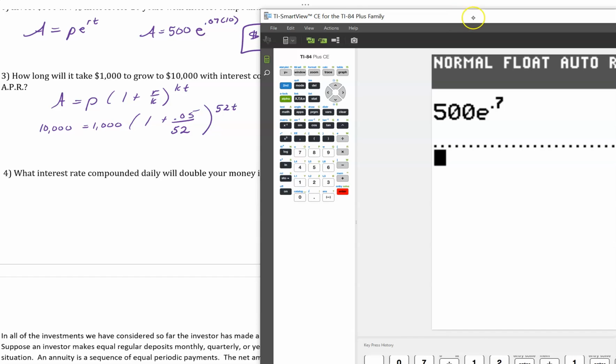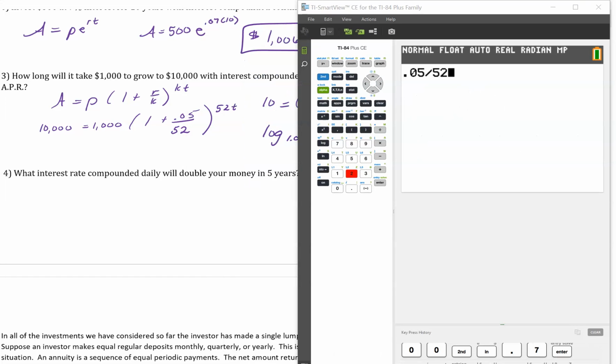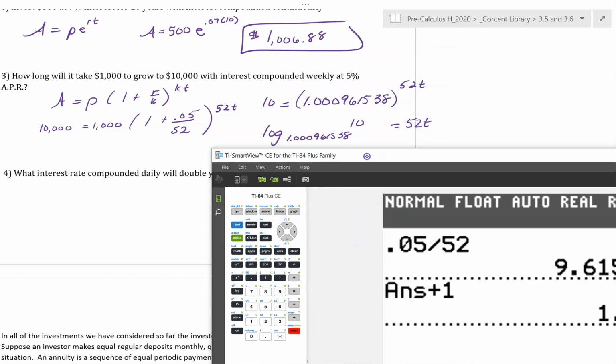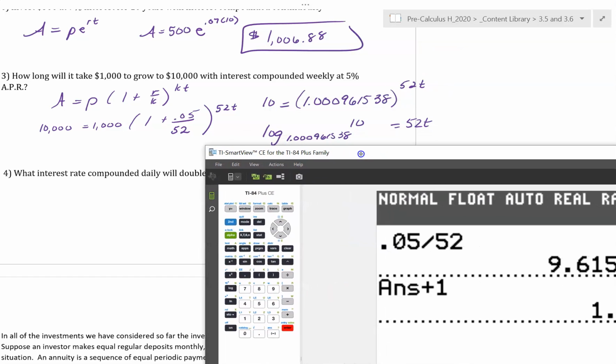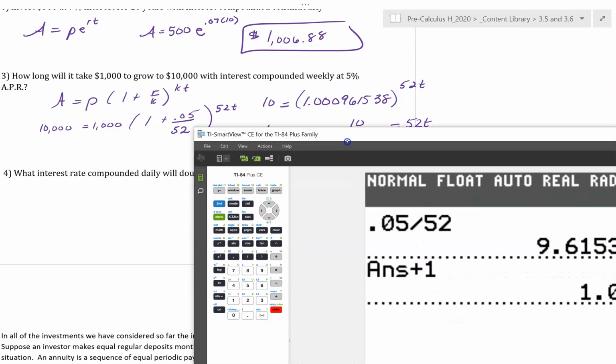All right, so the first thing you probably want to do, you probably start on the inside and do 0.05 divided by 52 and hit enter. Add 1 to that and hit enter again. Now notice we're going to do log of 10 divided by log of that number, because we're going to use the change of base property.